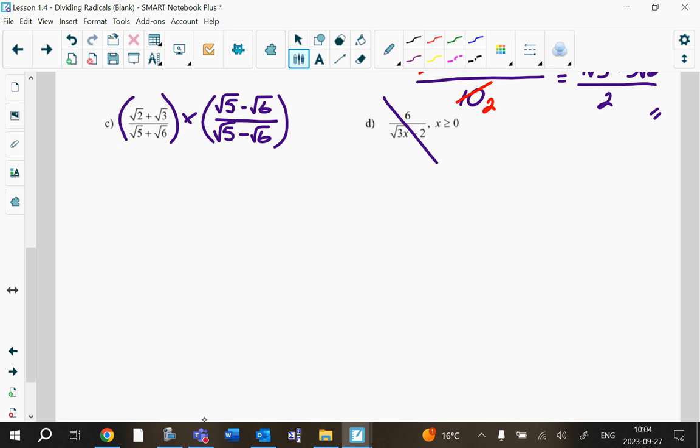Okay, so we've got lots of multiplications to do here. We've got 4 up top and 4 on the bottom. Root 2 times root 5, root 10. Don't overthink, you guys. Minus root 2 times root 6, root 12. Plus root 3 times root 5, root 15.